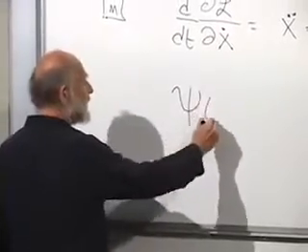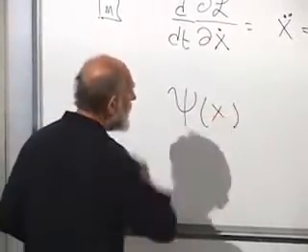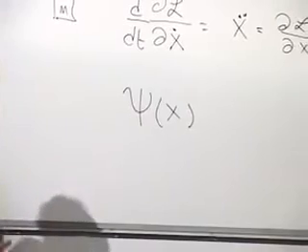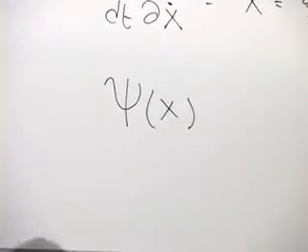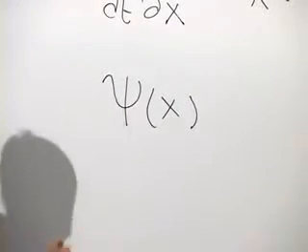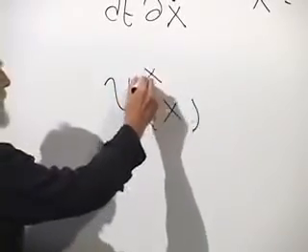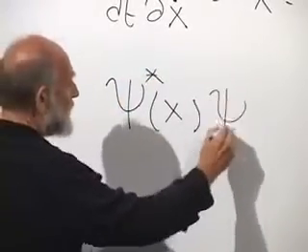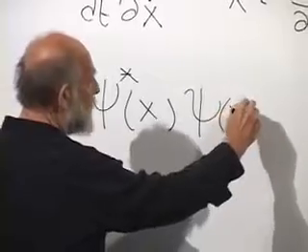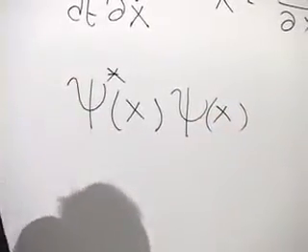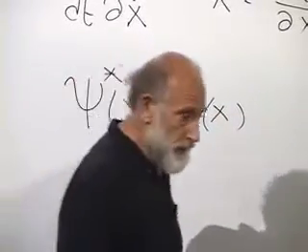Psi of x, which is the amplitude to find the particle at position x, defined in such a way that psi star of x times psi of x is the probability density to find the particle located at a position x.